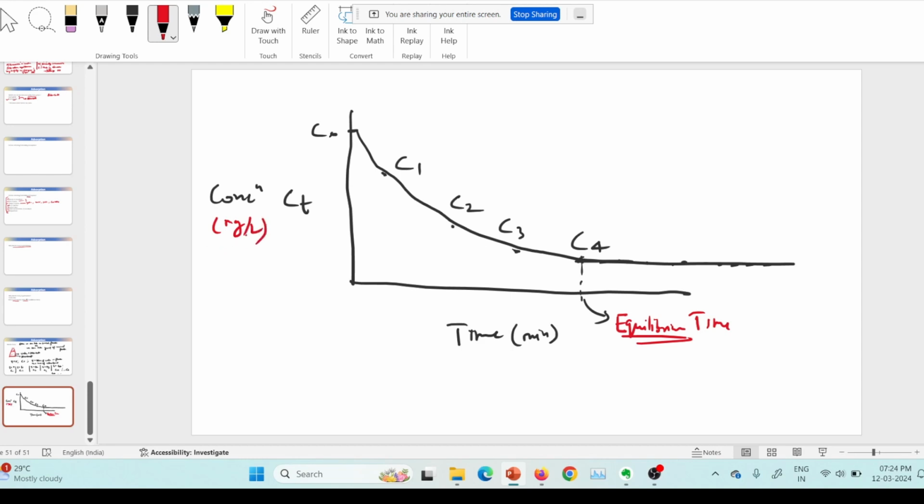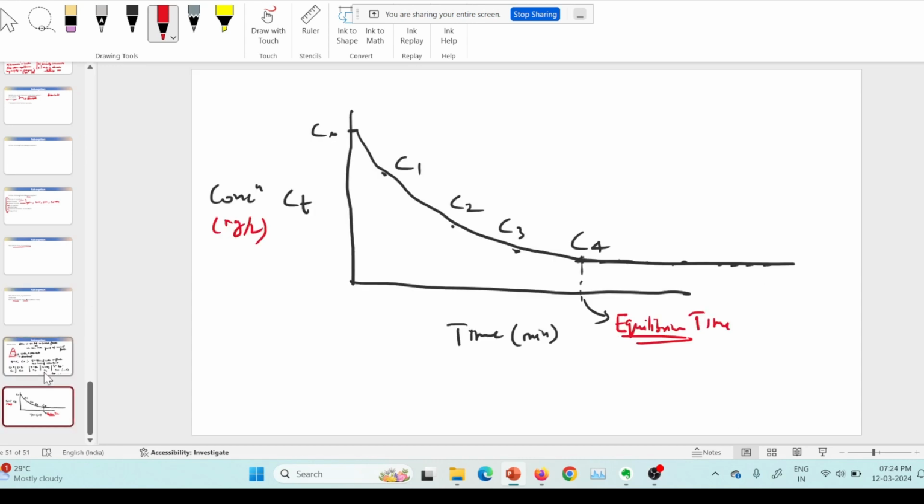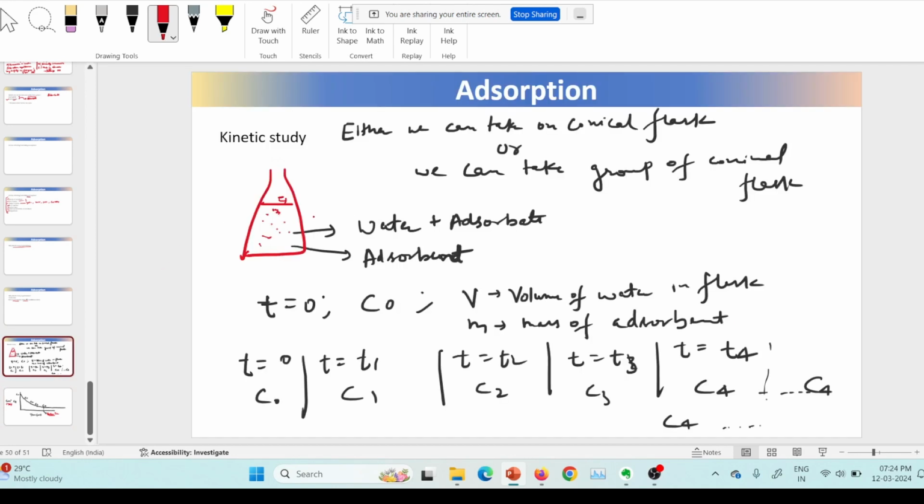So now, the same thing can be done differently. In this case, at different time intervals, we are taking the sample from the same volume, from the same flask. What we can do instead is take different numbers of flasks. At different time intervals, we will take different volumetric flasks, and only once will we take the reading.